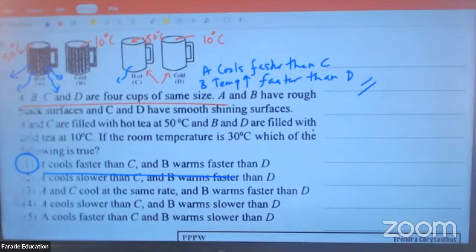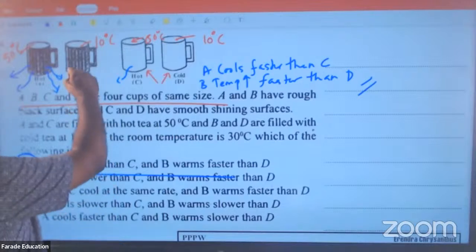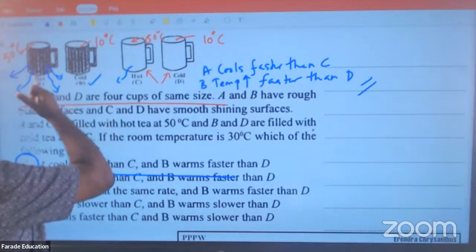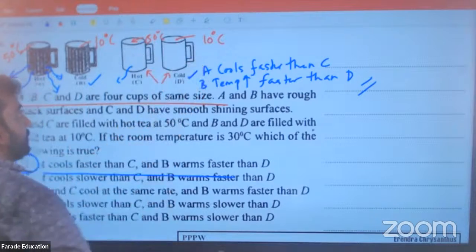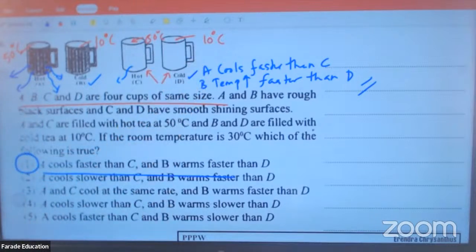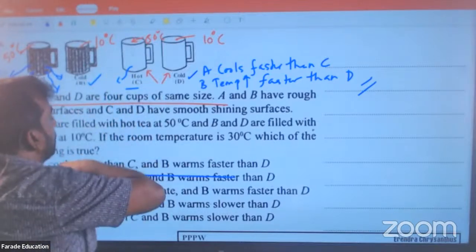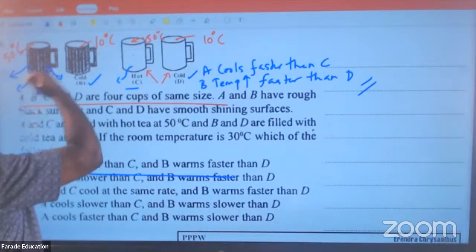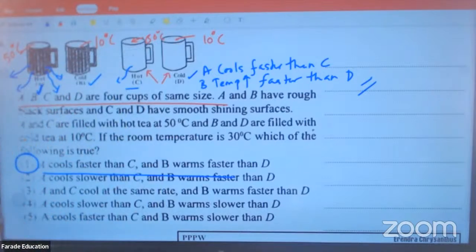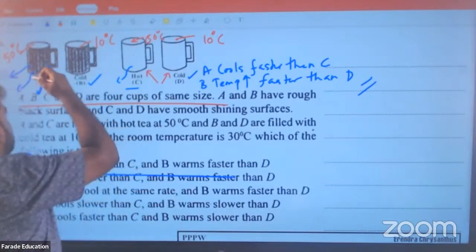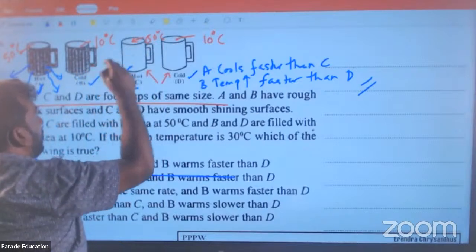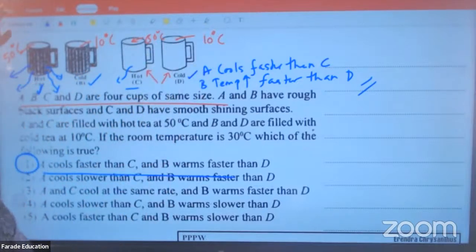So B will absorb heat more quickly than D, and A will emit heat more quickly than C. Okay, no? Right.